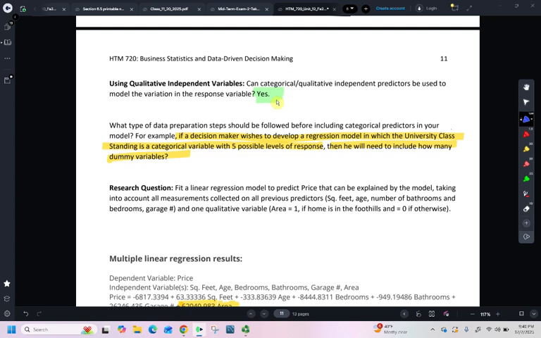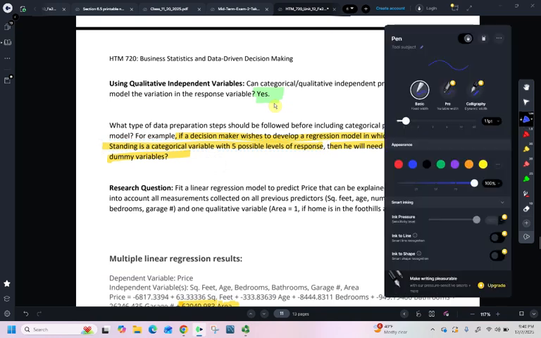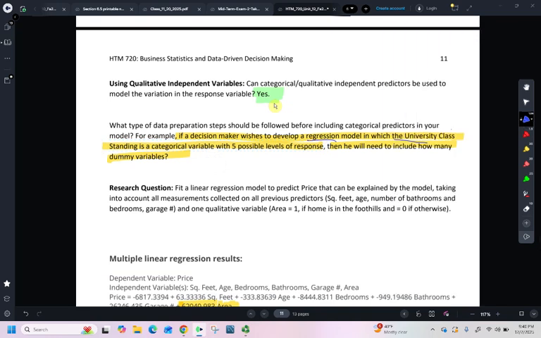However, if we're dealing with a decision maker who wants to build a regression model and wants to include the university class standing, and it has 5 possible levels of response, let's say high school graduate, freshman, sophomore, junior, and senior.